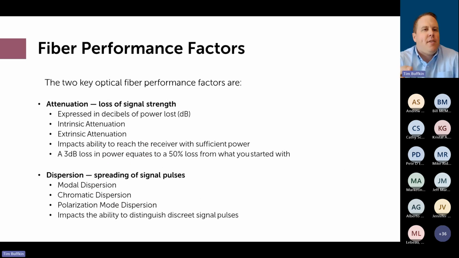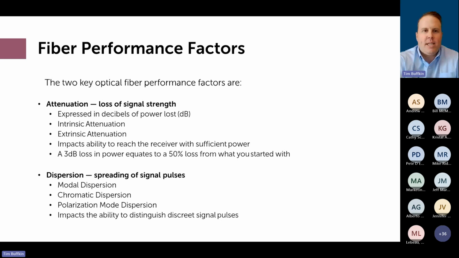So now when we look at the fiber performance factors, there are really two key optical fiber performance factors that we can look at to figure out how well a certain fiber can or cannot perform. The first one is attenuation, and that's going to look at the loss of signal strength.